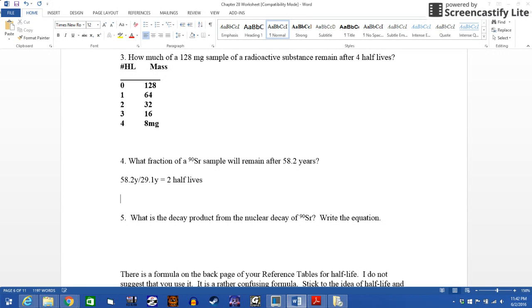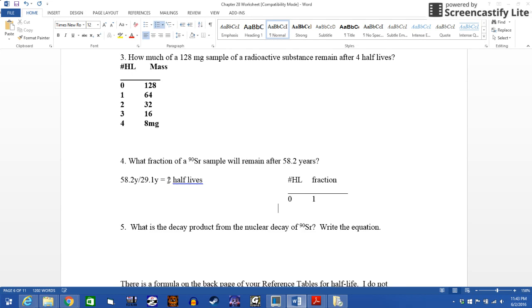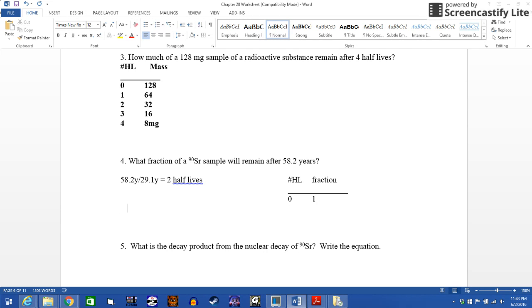For those of you who are trying to do it by fractions, it's not that tough, but in case you want to be good about it, let me show you how I would do this. Number of half-lives, and then fraction. Nothing wrong with doing it that way. At 0 half-lives, my fraction is 1. I have everything. So it's just like 100%. It's still left.